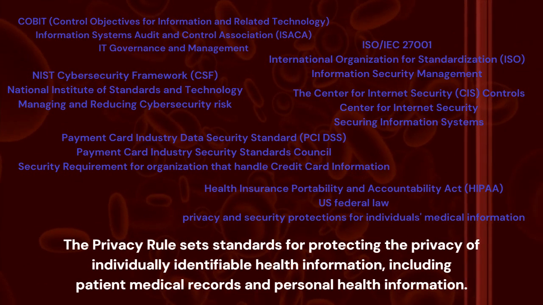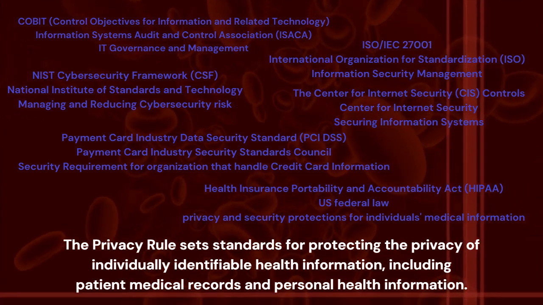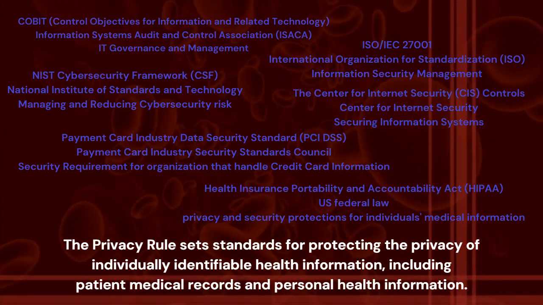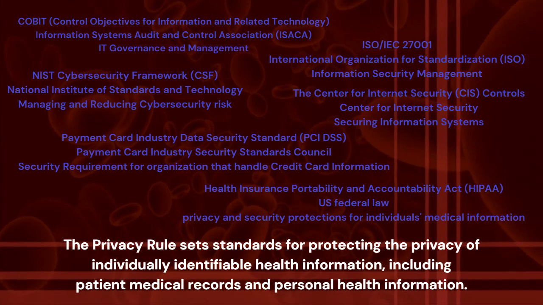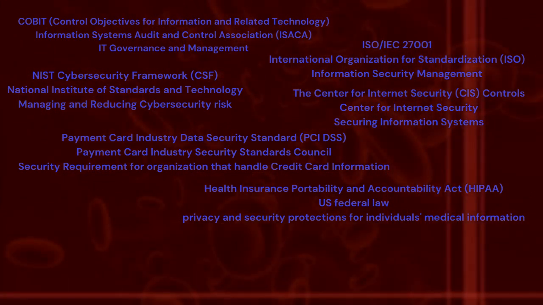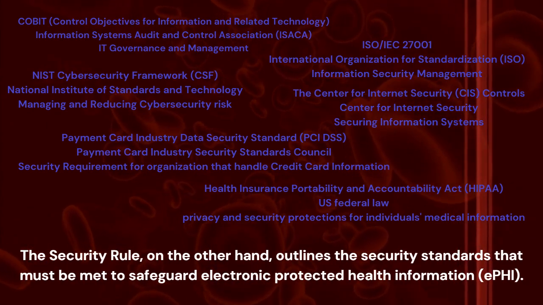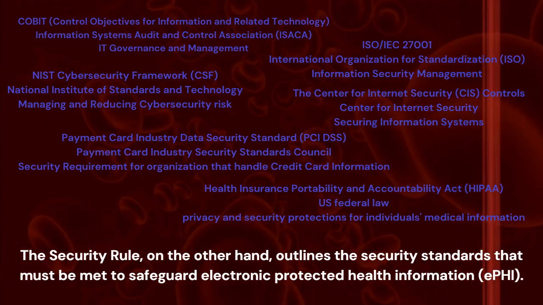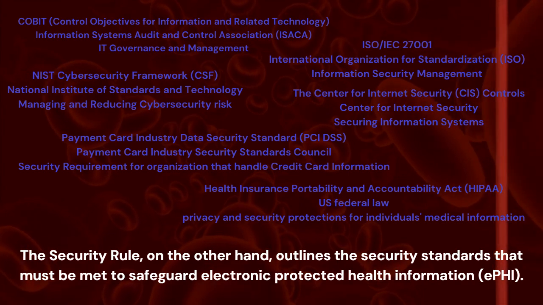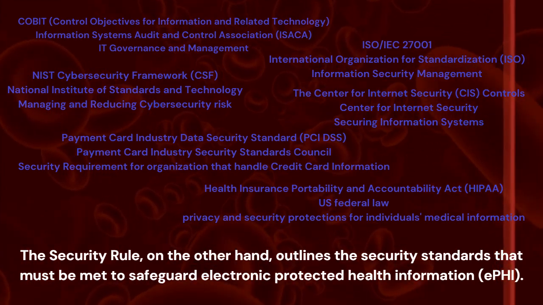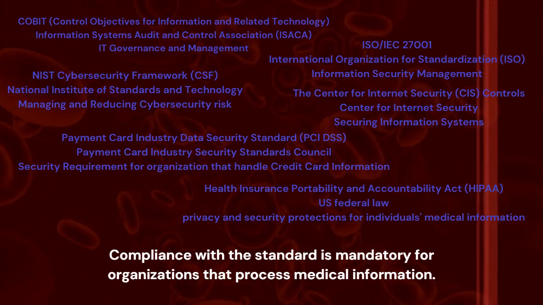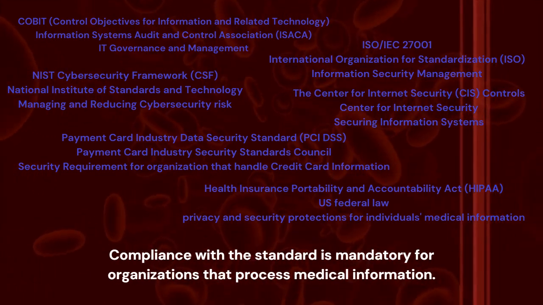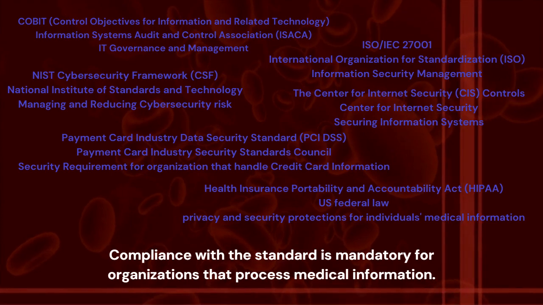The Privacy Rule sets standards for protecting the privacy of individually identifiable health information, including patient medical records and personal health information. The Security Rule, on the other hand, outlines the security standards that must be met to safeguard electronic protected health information, EPHI. Compliance with the standard is mandatory for organizations that process medical information.